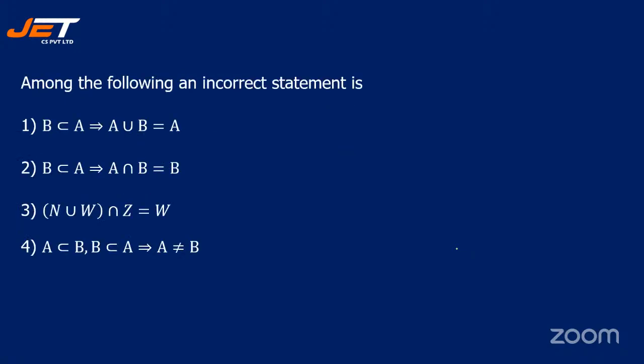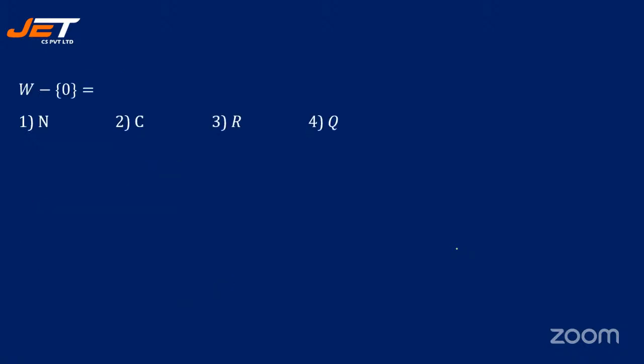Among the following, an incorrect statement is: B is a subset of A, which implies A union B is A. B is a subset of A, which implies A intersection B is B. N union W, which is an intersection of Z, is equal to W. A is a subset of B, B is a subset of A, which implies A is not equal to B. So here A is a subset of B, B is a subset of A, and this implies A is not equal to B. W minus 0 is N.